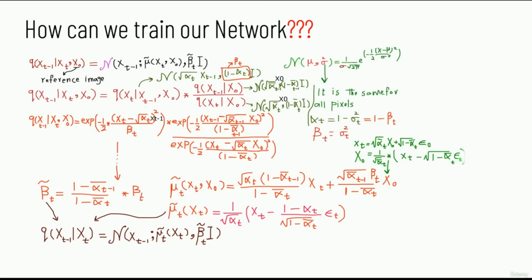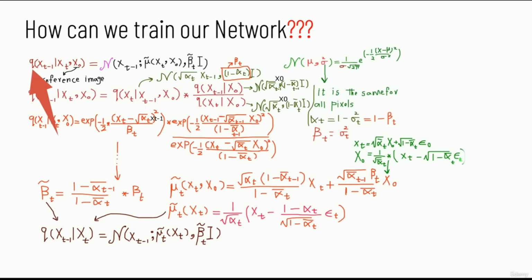As you can see here, we don't need to use our neural network to predict the variance of our target distribution, because we know how to compute the value of alpha bar at any time step, and also how to compute the variance beta sub t at any time step. So we know how to compute the variance of the target distribution at any time step.